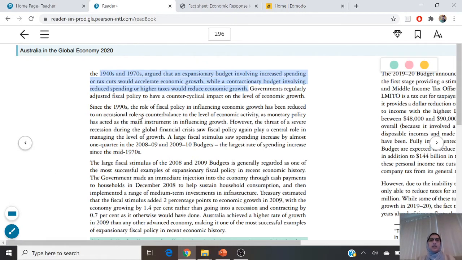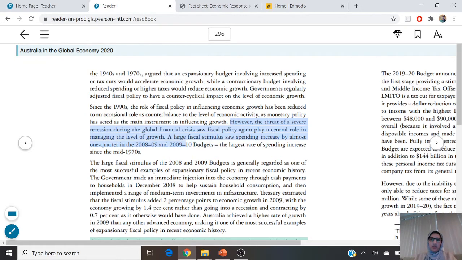Then, since the 1990s, the role of fiscal policy in influencing economic growth has been reduced to a secondary role, as a counterbalance to the level of economic activity, as monetary policy has acted as the main instrument. As we discussed, monetary policy has mainly been implemented compared to fiscal policy. However, the threat of severe financial crisis during the GFC again saw fiscal policy play a central role in managing the level of growth.